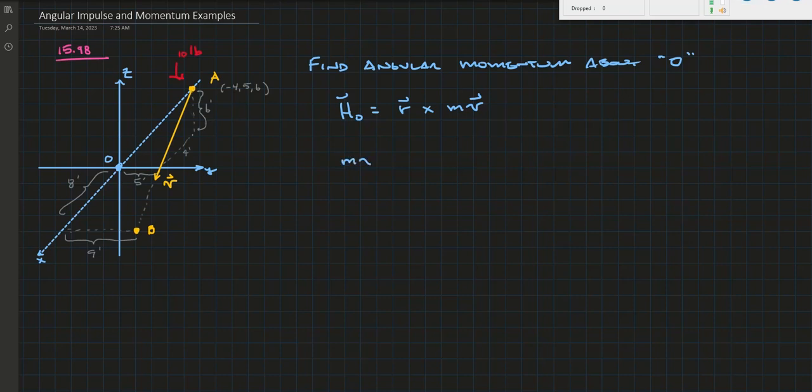Let's do velocity first; we can multiply it by mass later. So velocity is going to equal the magnitude of our velocity, which is given here as v equals 14 feet per second. Not 19, but 14.